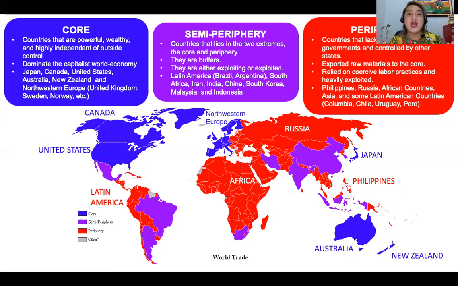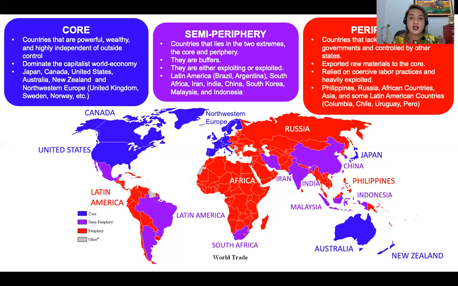That is why they are buffers. They are either exploiting or exploited. Now, what are these countries? These are countries from Latin America, which are Brazil, Argentina, South Africa, Iran, India, China, South Korea, Malaysia, and Indonesia.